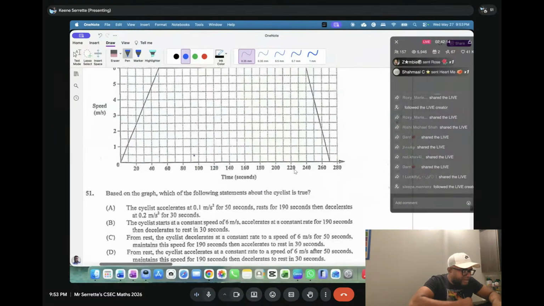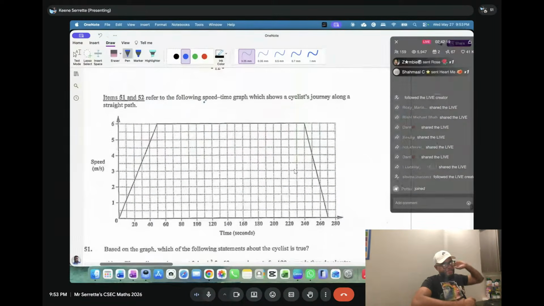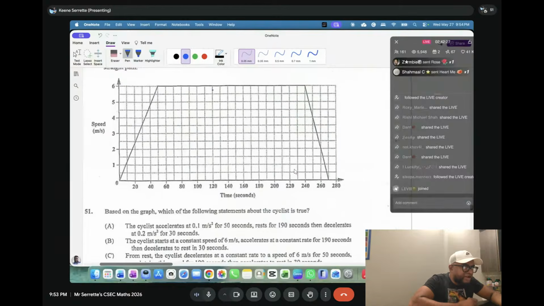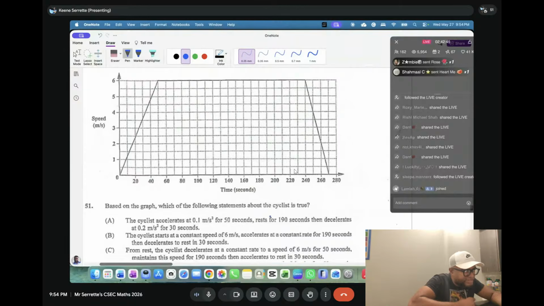What's going on here? Hey, this question here. Refer to the following speed-time graph, which shows a cyclist's journey along a straight path. Based on the graph, which of the following statements about the cyclist is true? We know the cyclist accelerates at 0.1 meters per second for 50 seconds. And then they say it rests for 90 seconds. We didn't rest for 90 seconds. Our speed was constant. So no, thank you. We're not interested in you, partner.